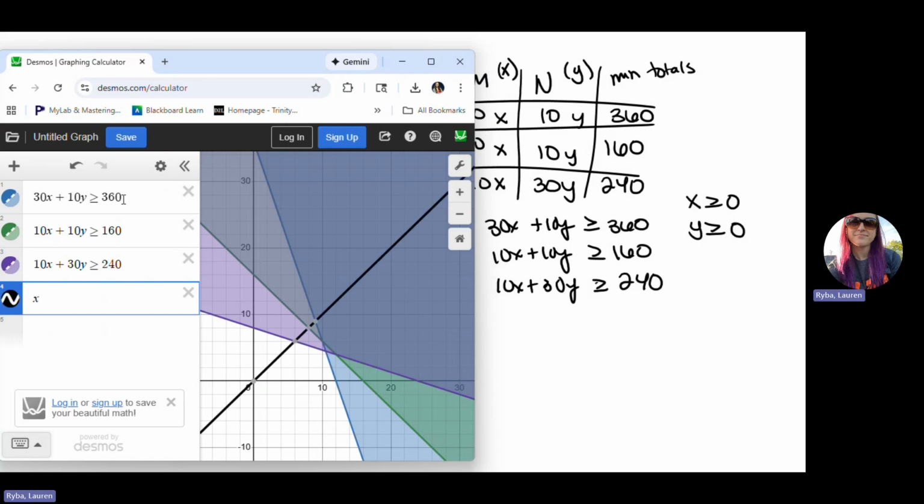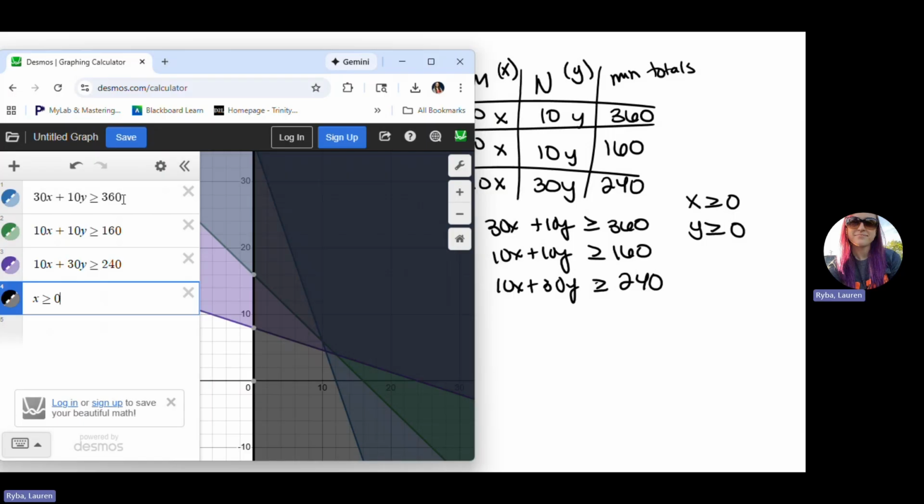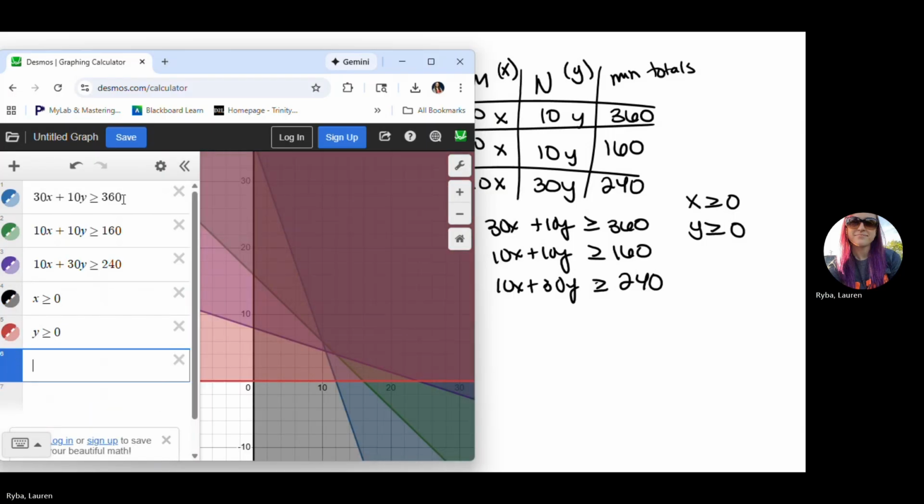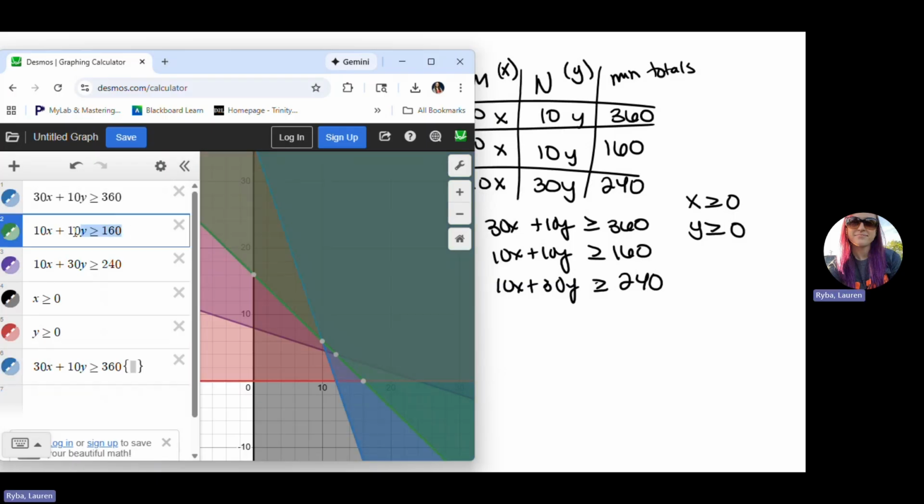We have x greater than or equal to 0, y greater than or equal to 0. All right, so do them all separate so that I can take the first one, paste it, and then I'm going to paste all the remaining ones in curly brackets.